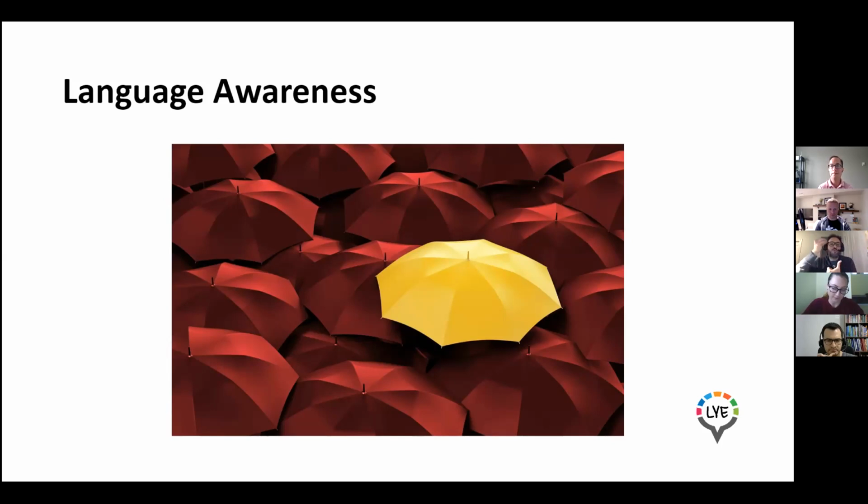If they don't recognize these things, they're not going to be able to learn them. If they don't know how representative, how typical, how frequent, and how generative these features are. And that is where the teacher comes in. Mike, we can skip through the language awareness so we can actually jump into the activity.